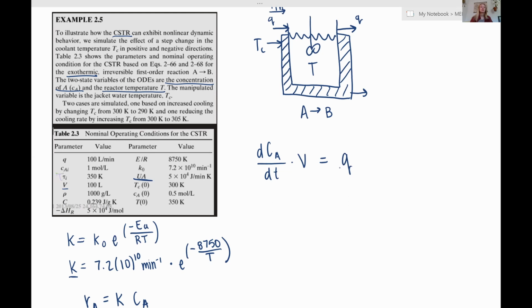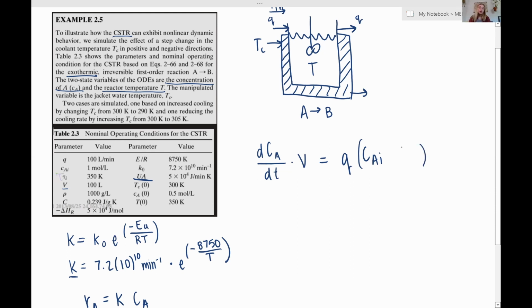So we can actually multiply our flow rate by the concentration of A going into our tank. So that will give us moles per minute. And since our flow rate, we're assuming, is not changing, we're going to use that for going in and out.